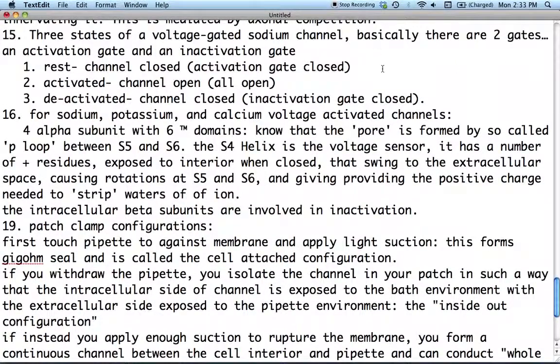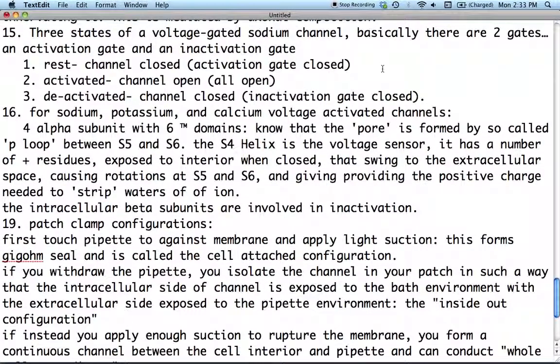So you can have three states of a voltage-gated sodium channel. There's two gates: an activation gate and an inactivation gate. Now at rest, the channel is closed. The activation gate is closed, but the inactivation gate is open. When the channel is activated, everything's open.